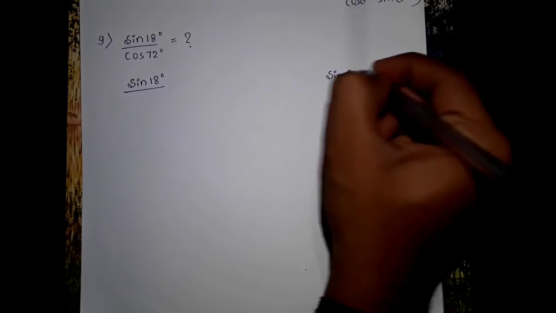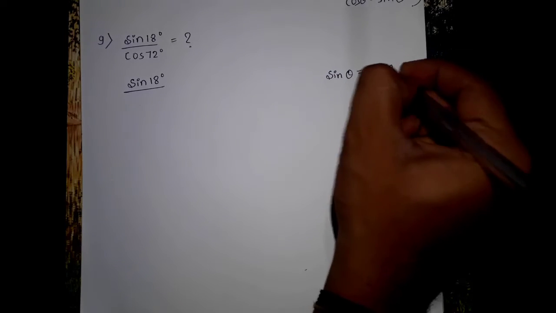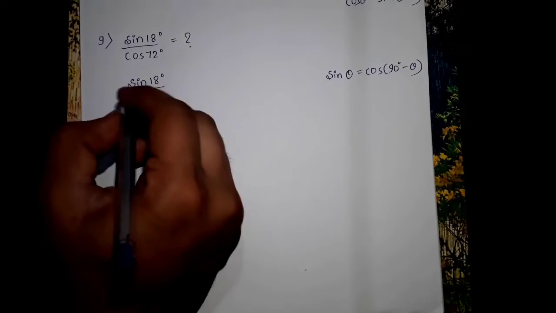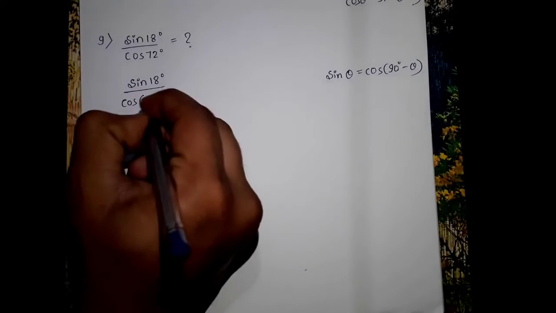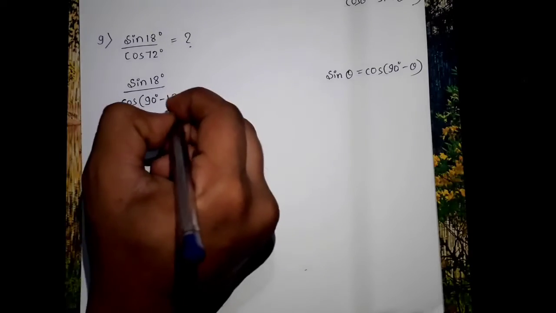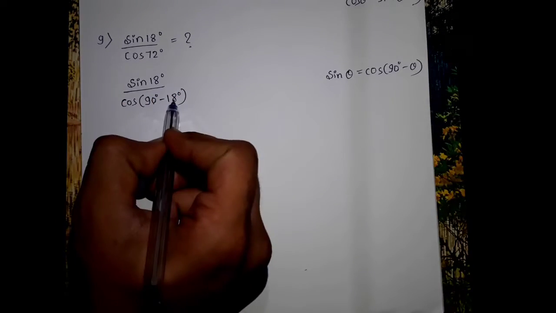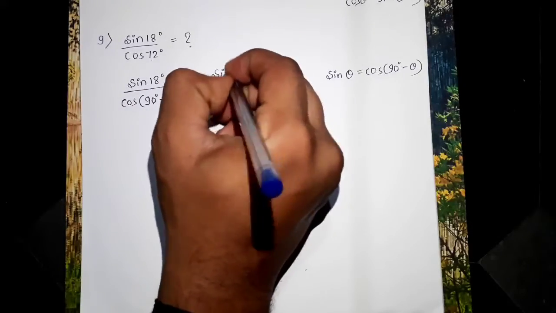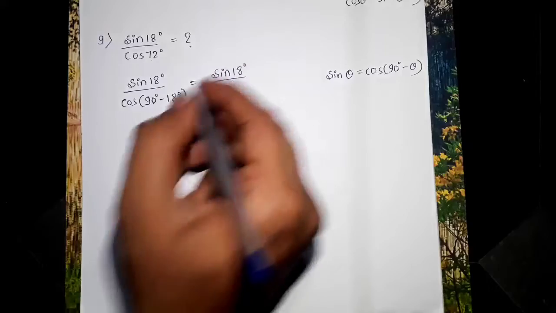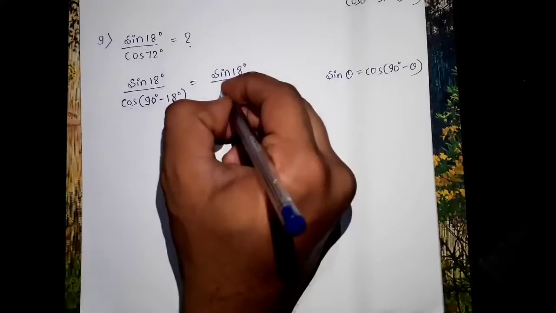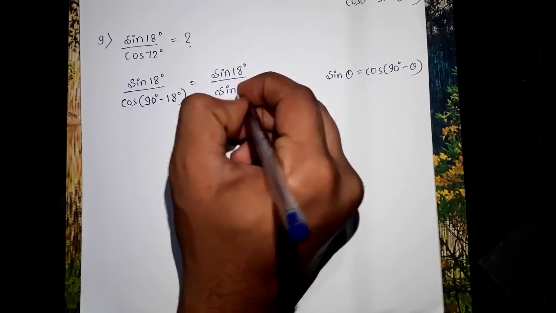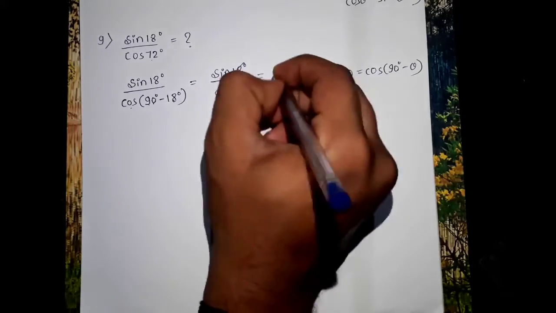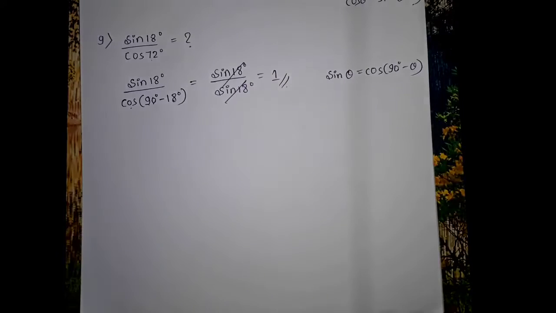That is sin theta is equal to cos of 90 degree minus theta, isn't it? Of course. How can cos 72 be written? It can be written as cos of 90 degree minus 18 degree, because 90 minus 18 is again 72 only. Next, sin 18 degree divided by, what is cos of 90 minus theta? It is nothing but sin theta, that is sin 18 degree. Sin 18 gets cancelled, thus the value is 1.